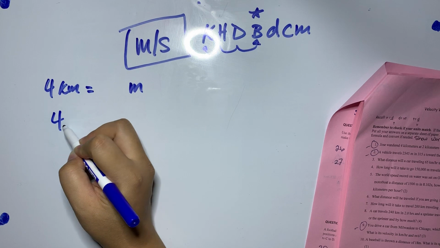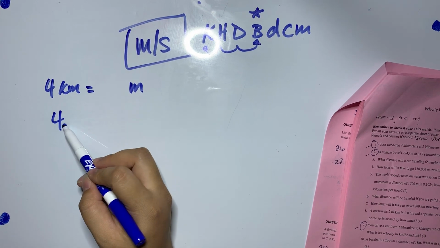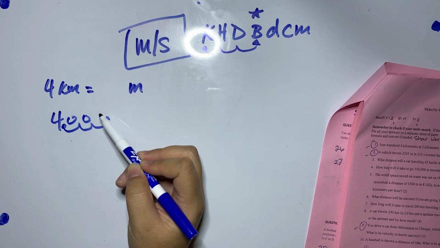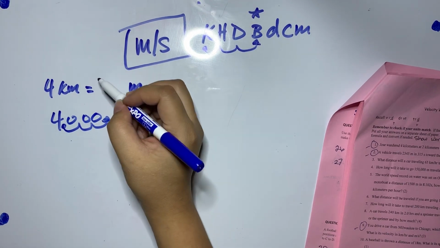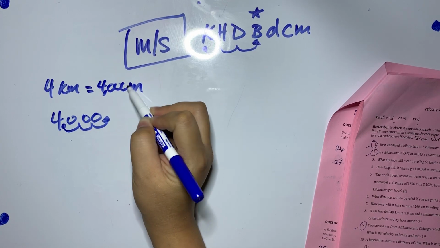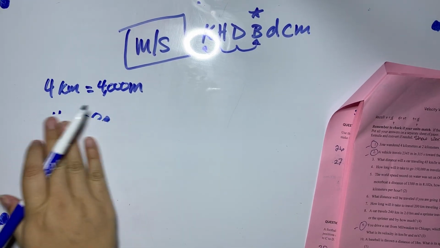So this 4 kilometers, there's my decimal point. I have to go 1, 2, 3, and I fill in my zeros. Okay, so 4 kilometers gives me 4,000 meters. Alright.